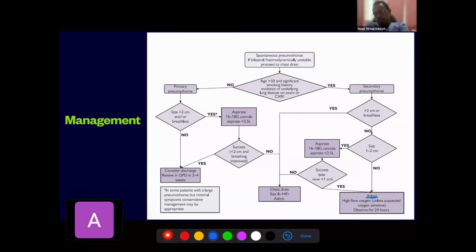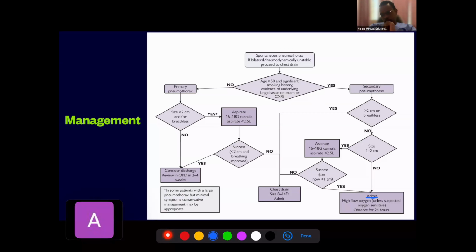So this is the management of pneumothorax. First thing, you need to determine whether it is primary or secondary. Second, you need to check the symptoms and the size. We discussed how to measure the size, and now we know how.